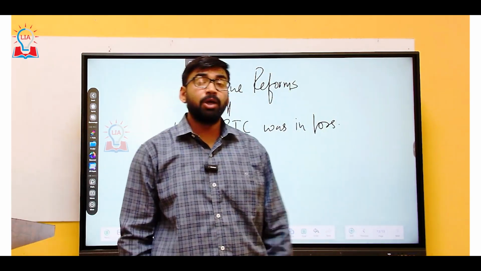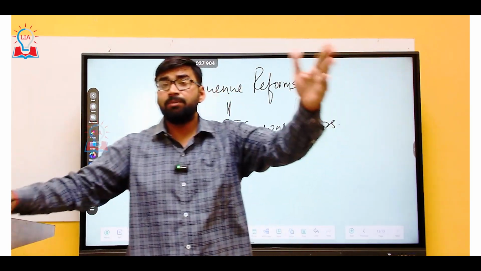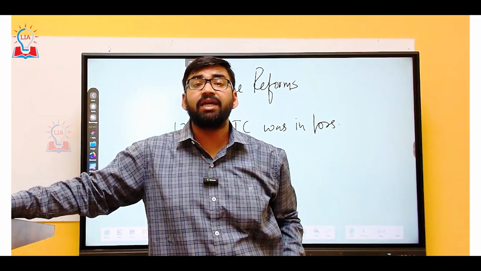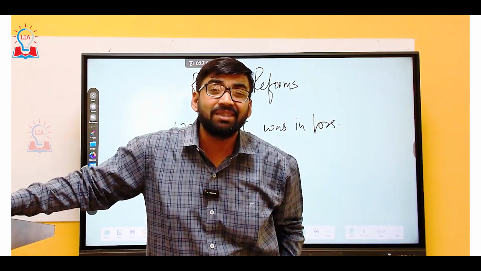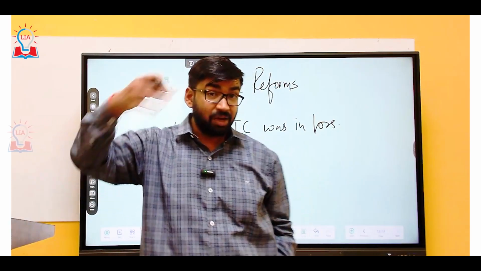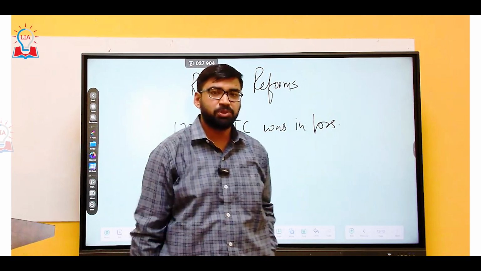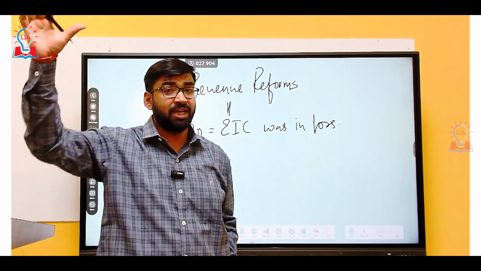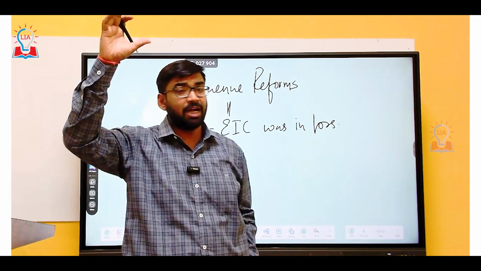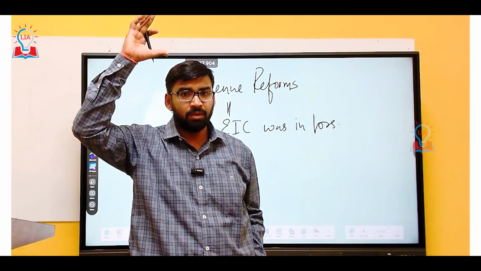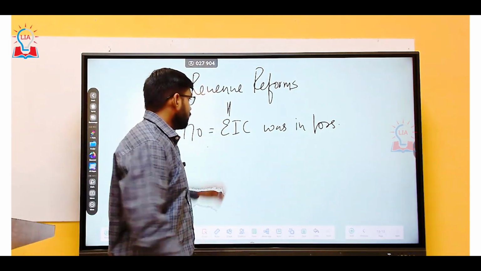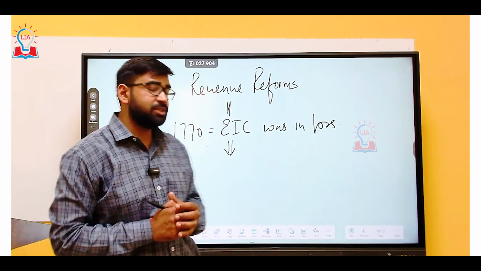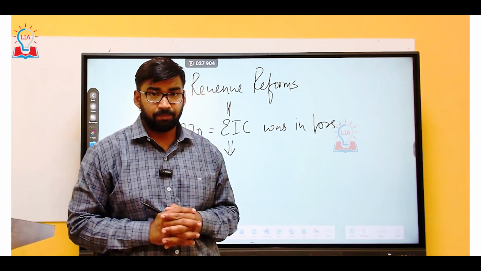Why? Because at the same time, there was a global event, the American struggle for independence. America was also a colony of the British. Americans started protesting against East India Company, that means the British Parliament. Similarly, East India Company was facing loss.